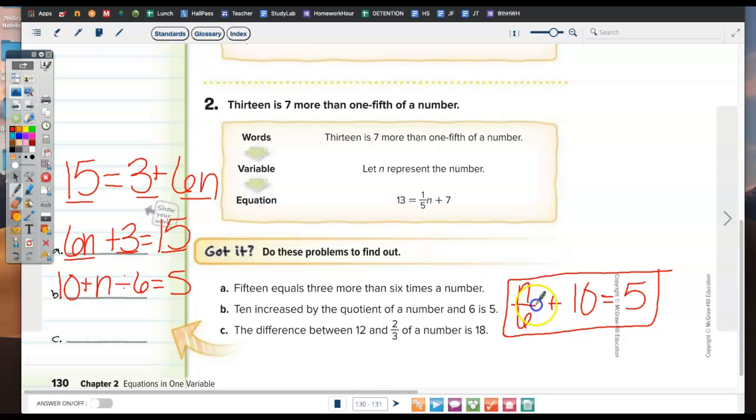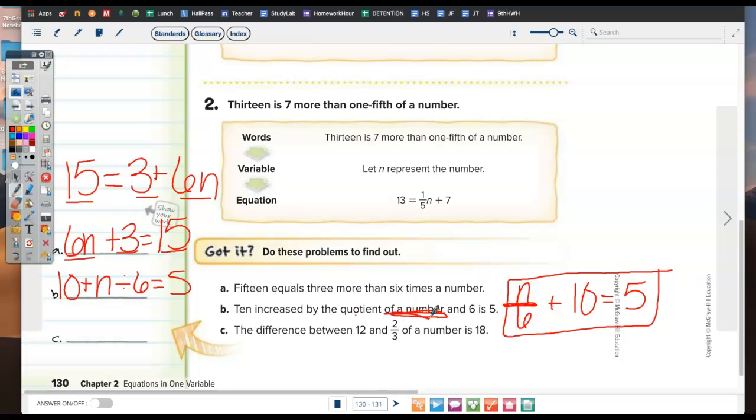Because doesn't the fraction bar mean division as well? Yes. When we have 10 increased by the quotient, this is where it kind of mixes people up. Because, like Kaden said, shouldn't it be 10 plus division? That doesn't make sense, right? But it's the quotient of a number, and you don't know what that number is. The quotient would be division and 6.